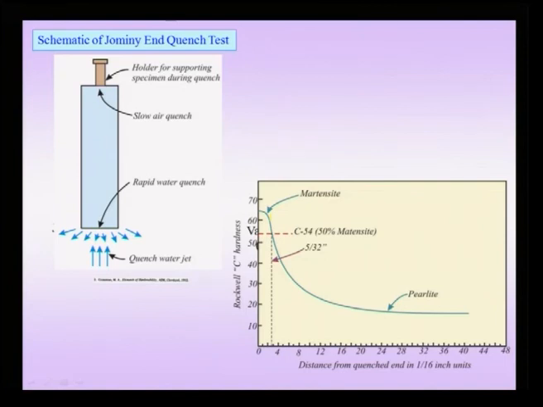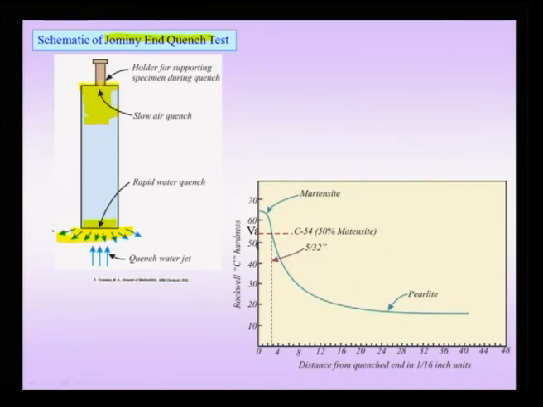The standard test to find out hardenability of a material is what is known as a Jominy end quench test, in which you take a cylindrical specimen and throw a water jet at the bottom. So, this end of the specimen is being cooled by the water jet, the other end is only cooled in the open air.